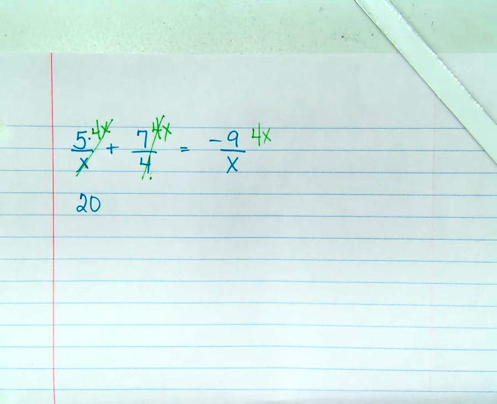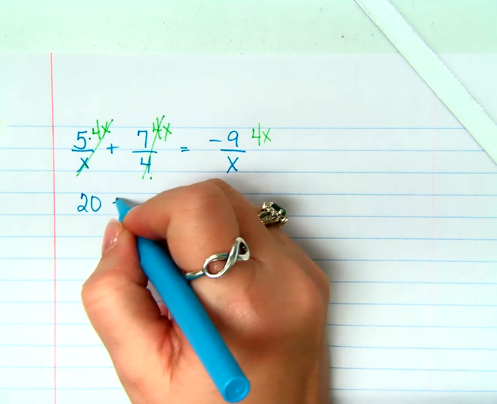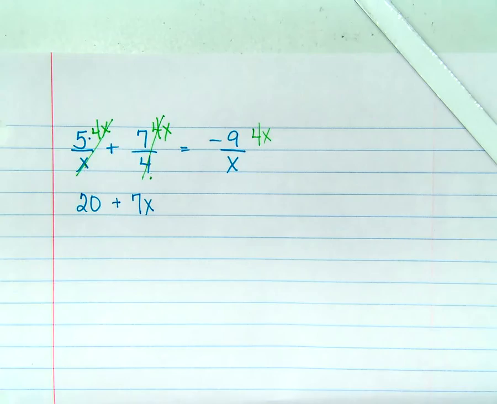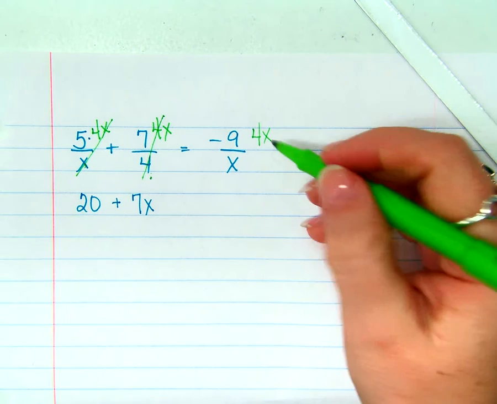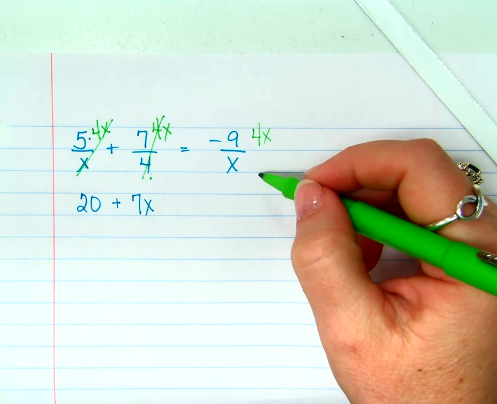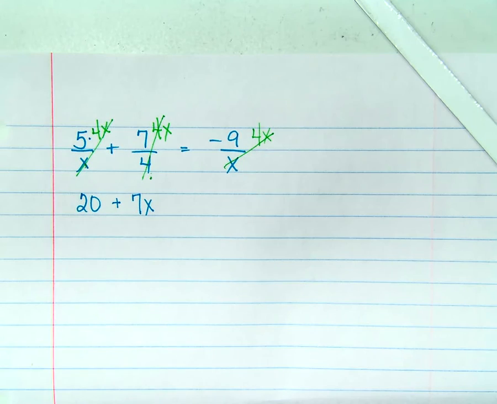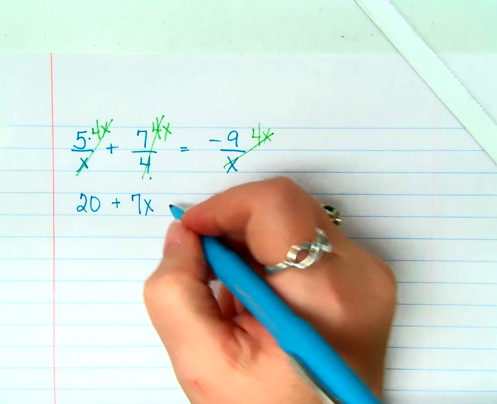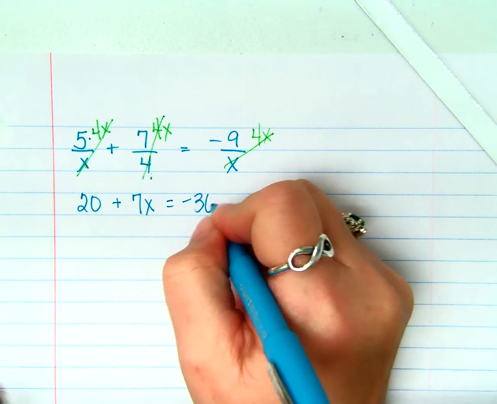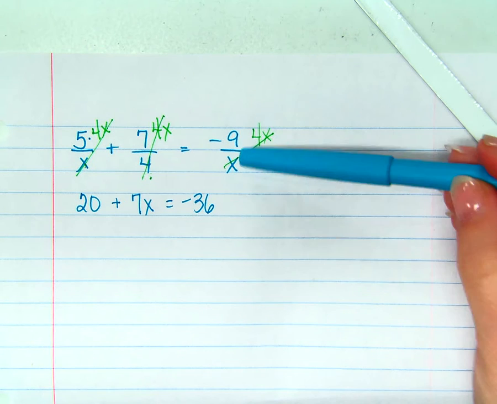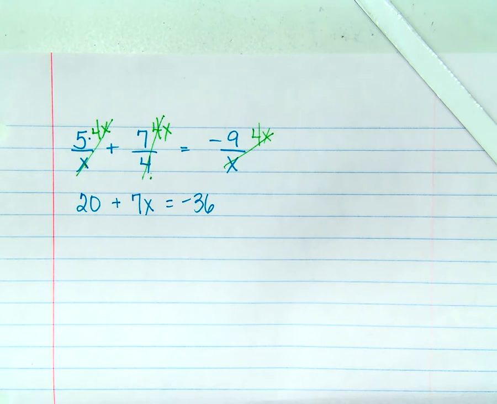They simplify to 1. What's left? 7x. What happens to these x's? They simplify to 1. What's left? Negative 36. Which problem looks easier? This one or this one? The bottom one. That's because it is. There's no fractions.